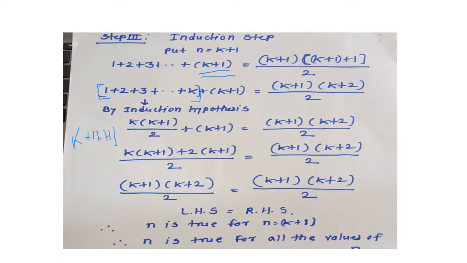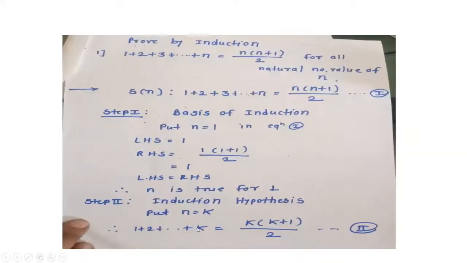So by induction hypothesis, this term 1 plus 2 plus 3 plus up to k is equal to k into k plus 1 divided by 2. We already assume that this statement is true.